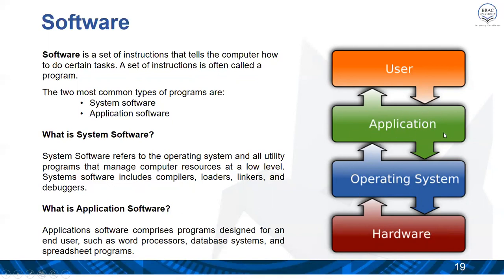So application software is very close to the user because it is created by the user to instruct the computer for solving a particular problem. And the operating system is the manager of the computer. It manages all the hardware and software components within a computer. And this hardware refers to the hardware core, right?